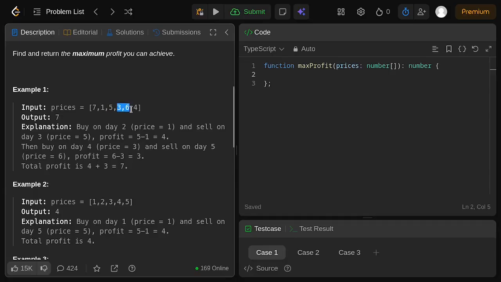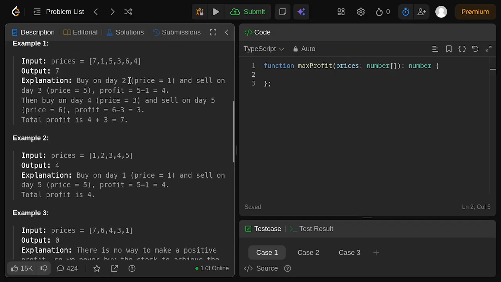For 3 and 6, it is possible to sell the stock with a profit of 3. So we have 4, and then 3, giving 7. Finally, with 6 and 4, we don't buy at 6 because 4 is lower than 6, so it is not considered for selling because it is not a profit.